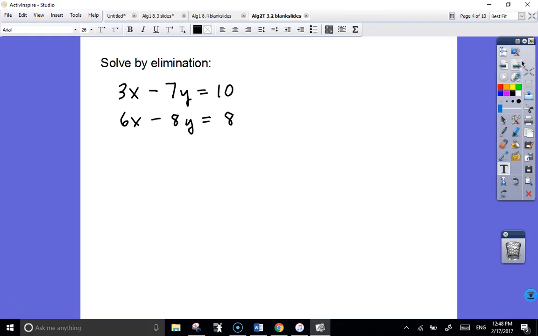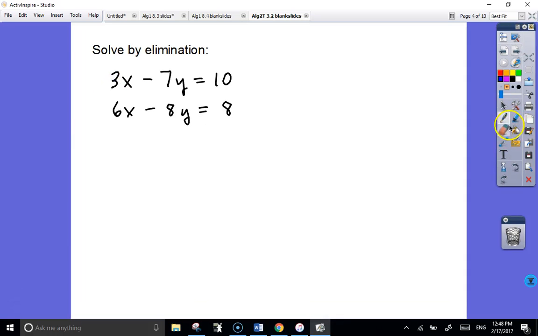Now, you actually have a choice. You said 2, right? So let me do that. 2. And I get 6x minus 14y equals 20. And the bottom equation, we didn't have to multiply.